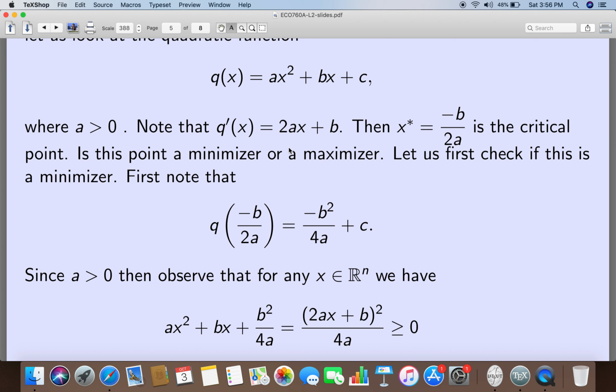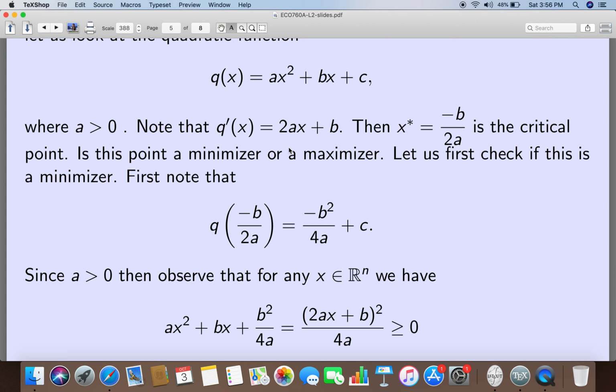And as a result of that, if a is greater than 0, 2a is greater than 0. And that would lead to the fact that x star is a minimizer.